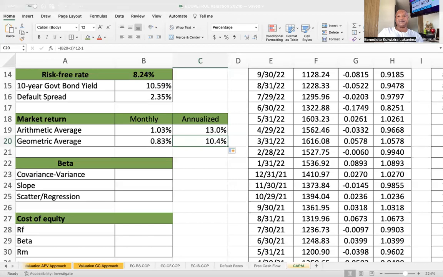So what is next? Next is to estimate beta. Beta simply means a measure of market risk. It is a measure of the relationship between stock returns and market returns, which simply means we'll need 2 data sets.